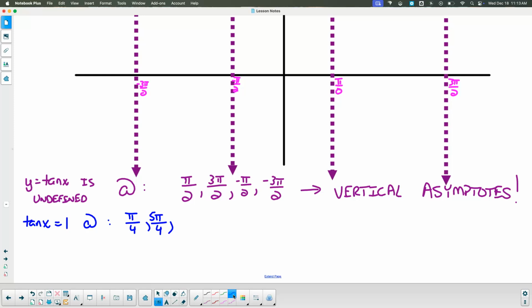We're here, and we're here. Going this way. Reverse first lap. Where are we? Same spots. That would be this one. Negative 7 pi over 4 and negative 3 pi over 4.